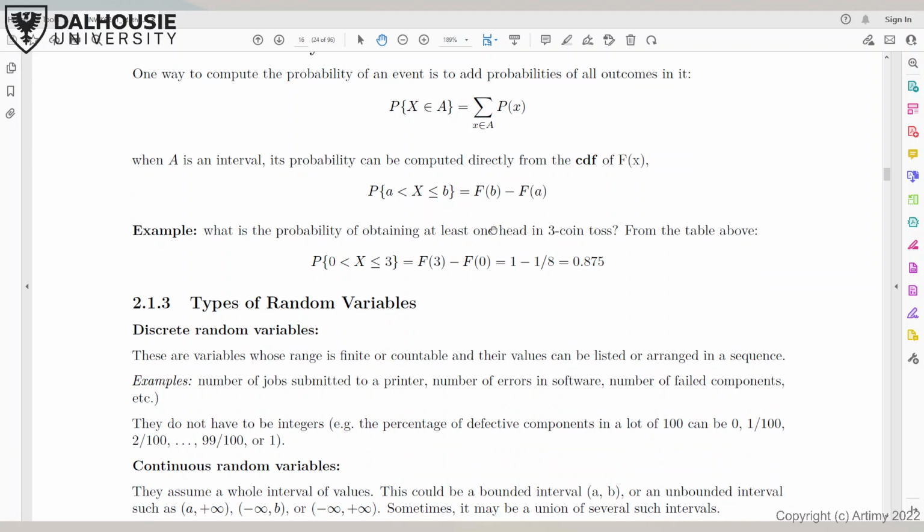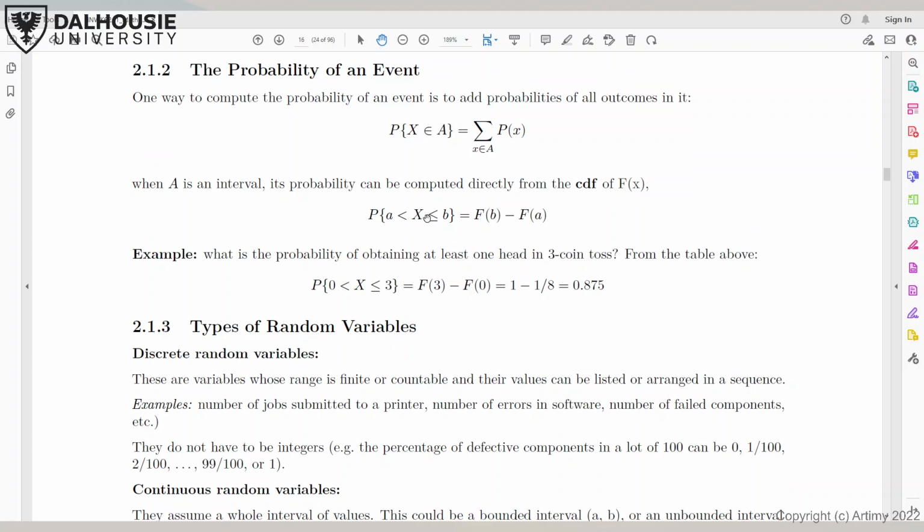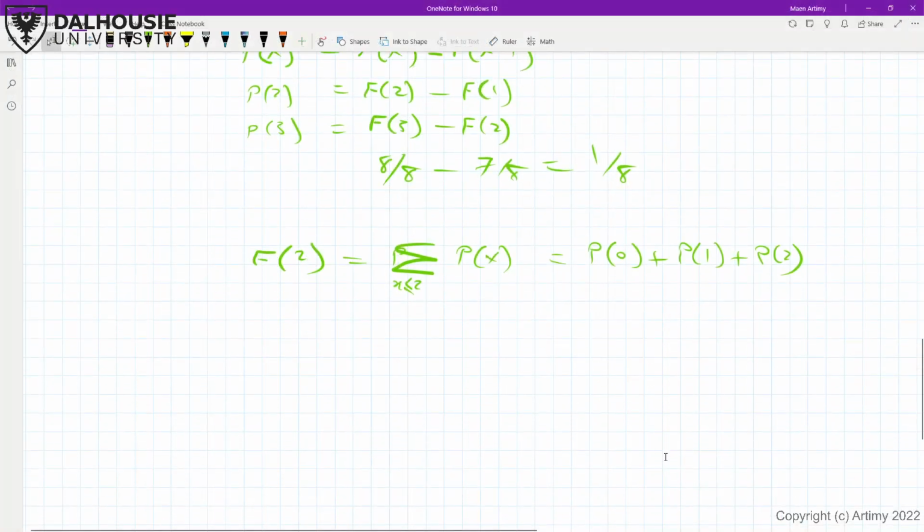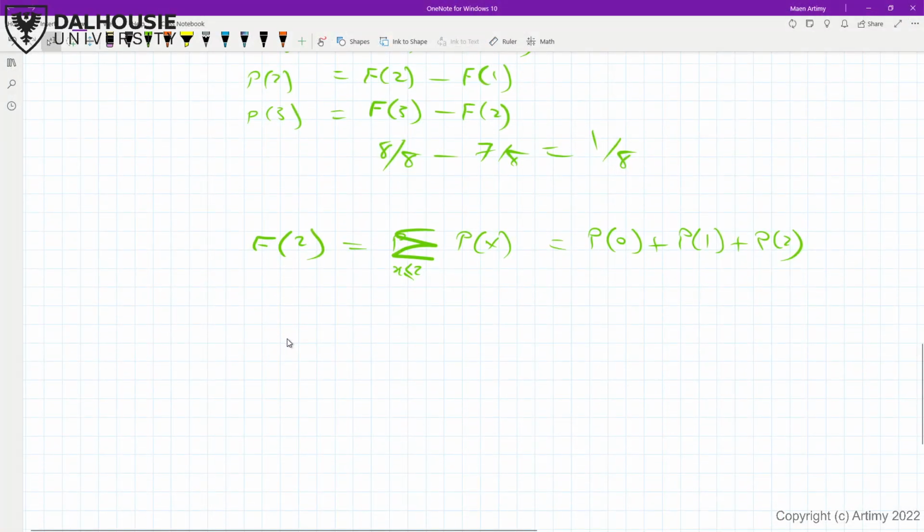Something else we need to talk about is the range. So we calculated x as one value. What if I want a range? In this case, we're going to talk about what is the probability that x is between 3 and 1. In a coin toss, it's like saying anything but all tails, right?